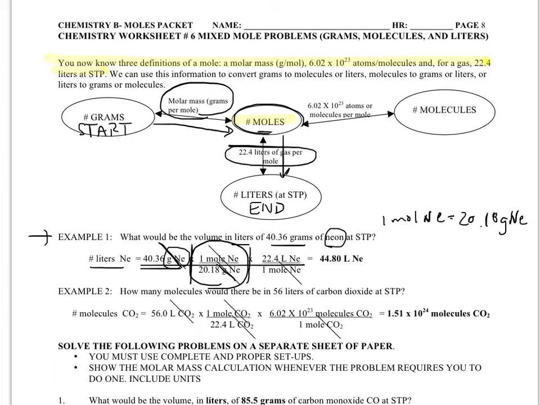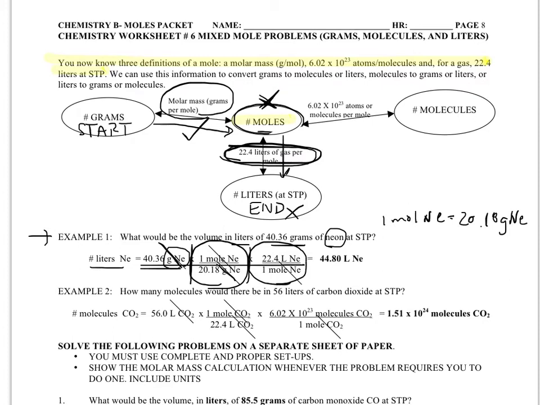If I solve the problem right at this point, I would have my answer in moles, which is not what I want. But it means I've gotten myself to this point on the chart here. So I've taken care of that first step. Now I need to get from moles here to liters, my ending point. And so I'm going to use, again, like we talked about, this 22.4 liters of gas.